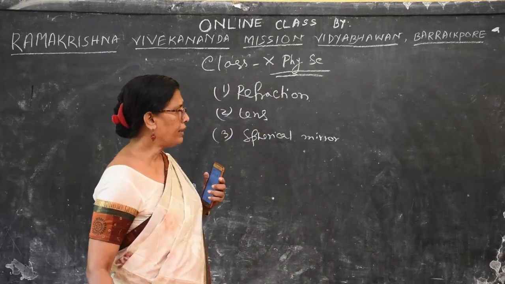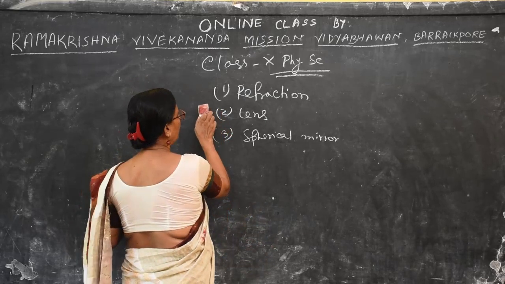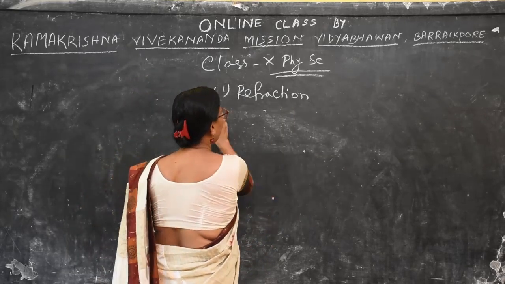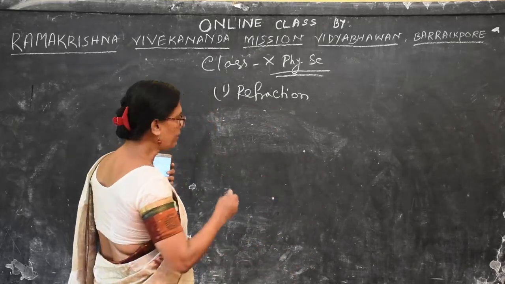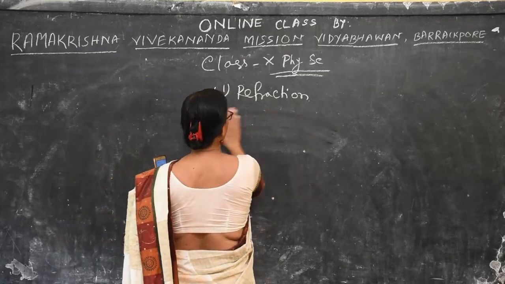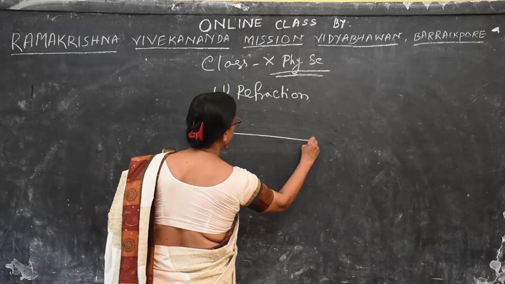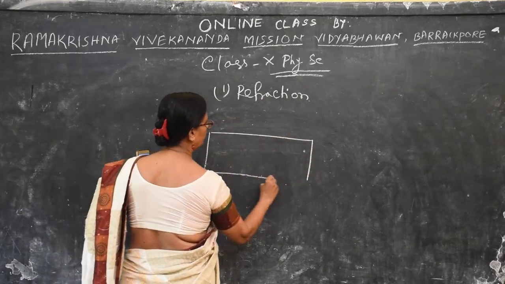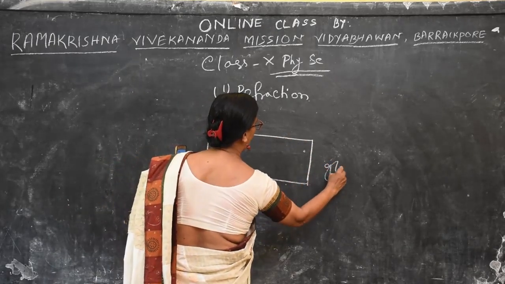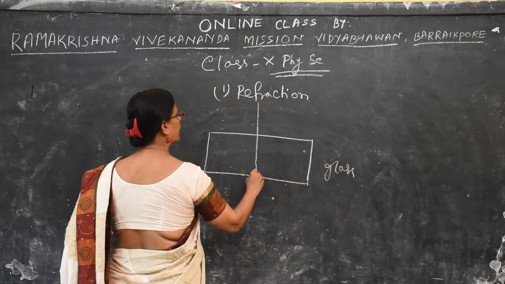So if we discuss refraction, the drawing is like this one. Say this is a denser medium, so this is the glass. And this is obviously the air.